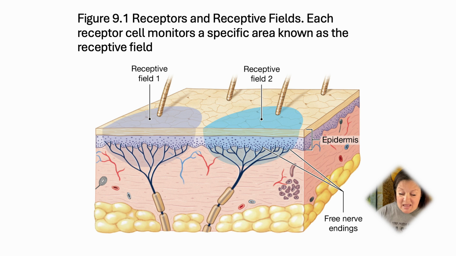So again, the idea is that we have sensation, right? The idea of information from our environment being sent to our central nervous system, that is sensation. Now, what we do with that information, that is perception.